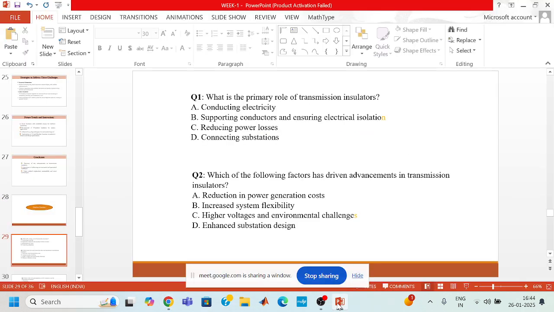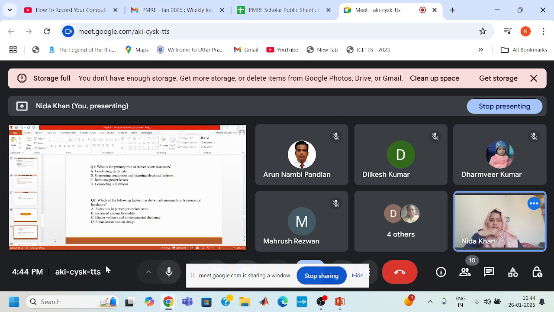So the first question is, what is the primary role of transmission insulators? First is conducting electricity, second supporting conductors and ensuring electrical isolation, third reducing power losses, and fourth connecting substations. Anyone can answer, okay?